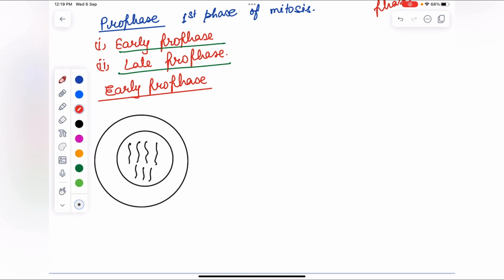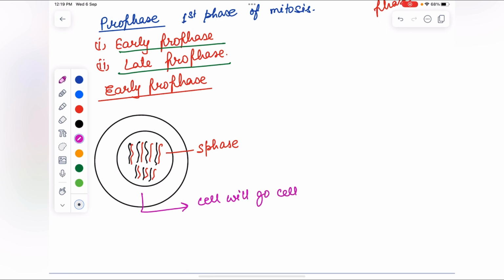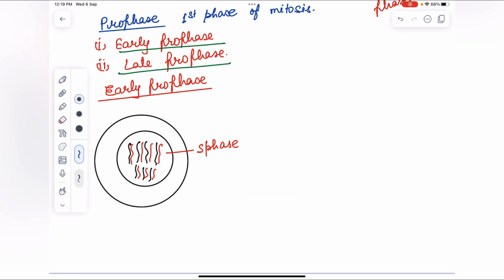And after the replication of DNA, this cell will go for cell division in the M phase.